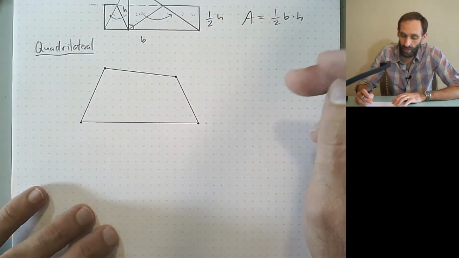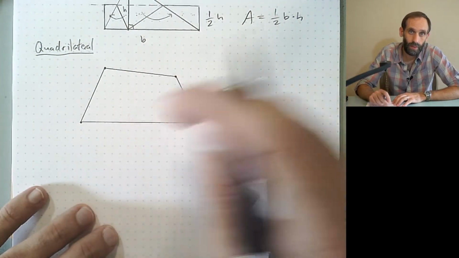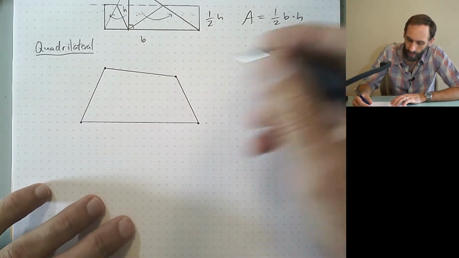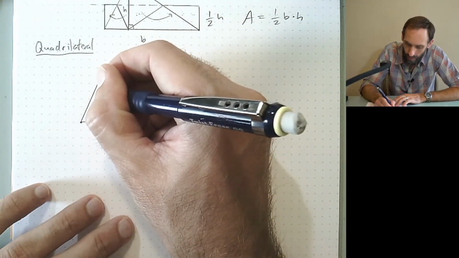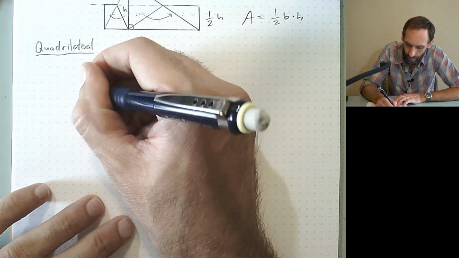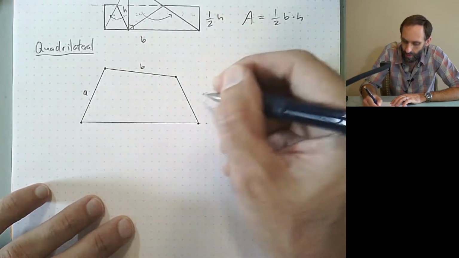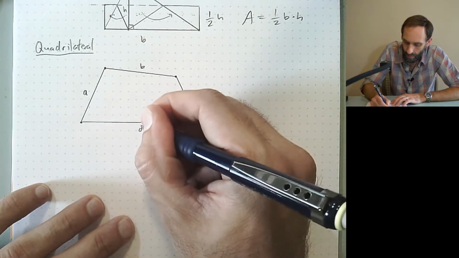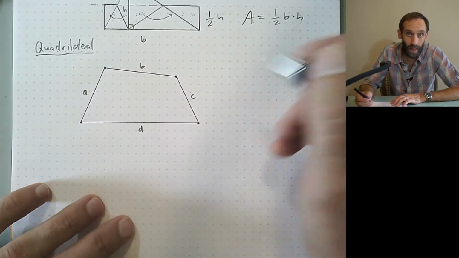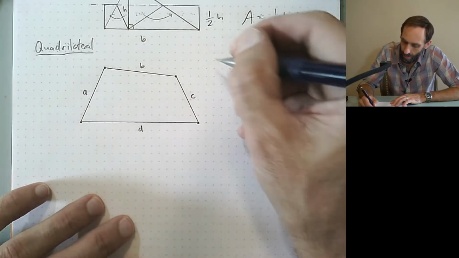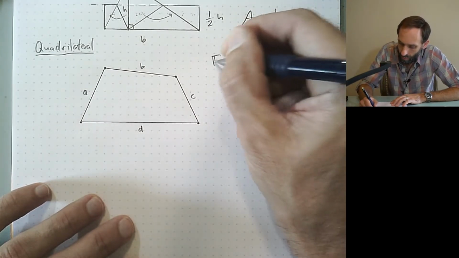Well, it turns out the Egyptians had a formula to find the area of this shape. And in order to use that formula, let's go ahead and label these sides. So I'll label it on the outside. So we'll call this side A, this side B, this side C, and this side D. And so these variables will represent the lengths of the corresponding sides. So the Egyptian formula was as follows.